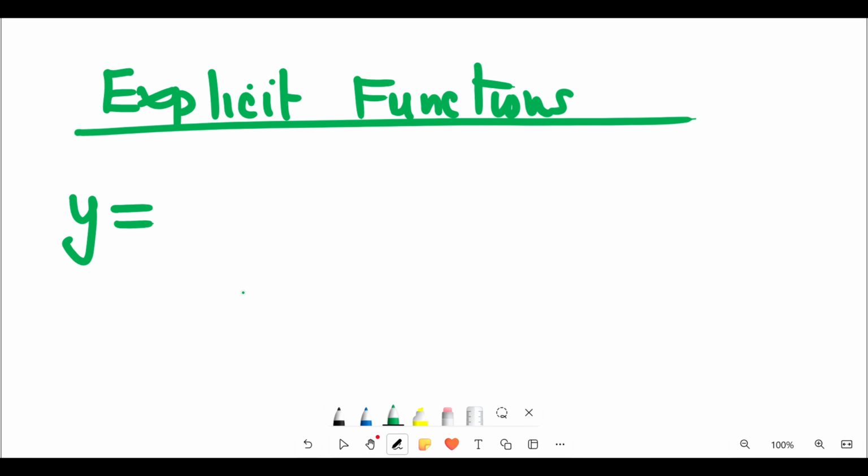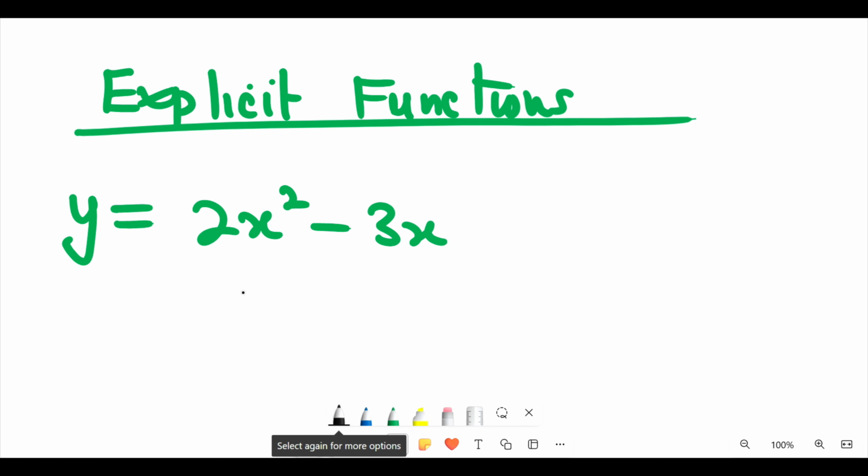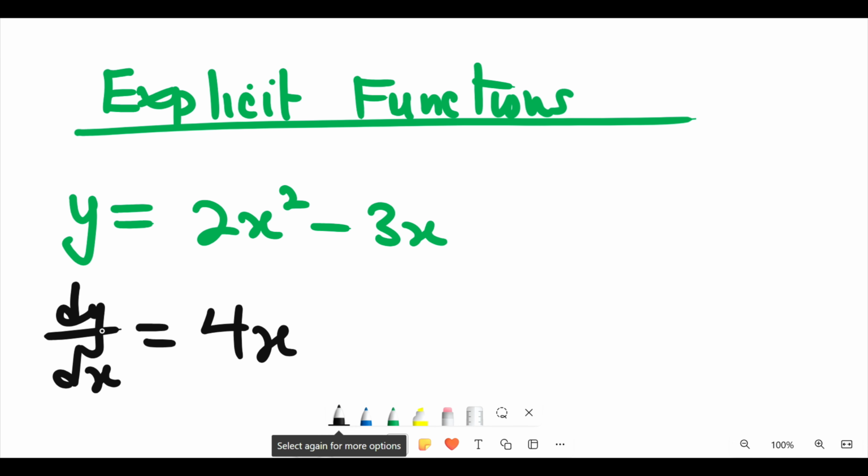Suppose I have y equal to 2x squared minus 3x. To differentiate this function, we write dy/dx equal to, then you apply the power rule. The power multiplies everything. It's going to be 4, then you reduce the power by 1, so it's going to be x.